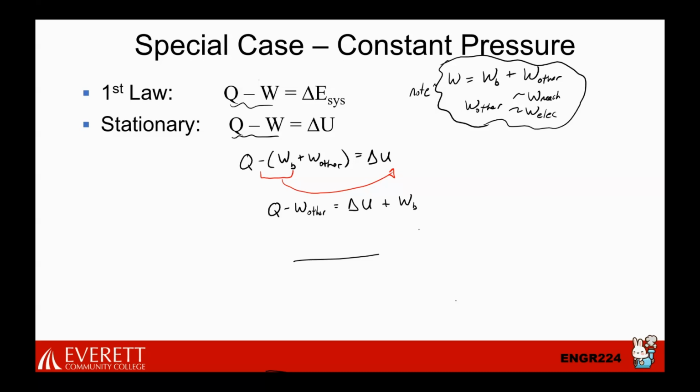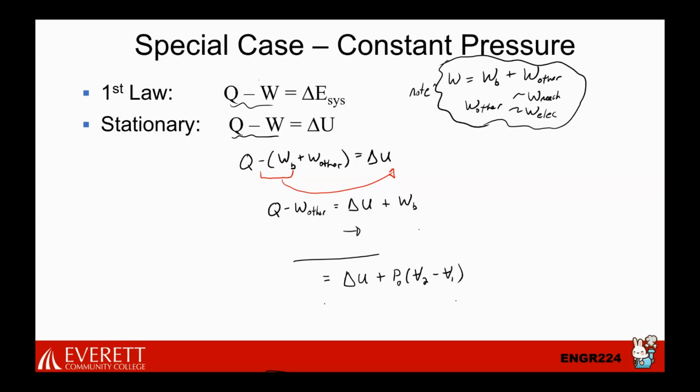And now we can say, all right, let's look at the right side of this equation. So let's focus in only on that delta U and work at the boundary. So what's work at the boundary for constant pressure? We would say, all right, well, that is P naught V2 minus V1. It's my difference in volume.